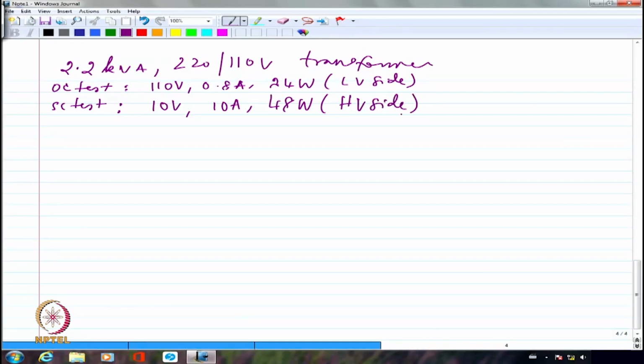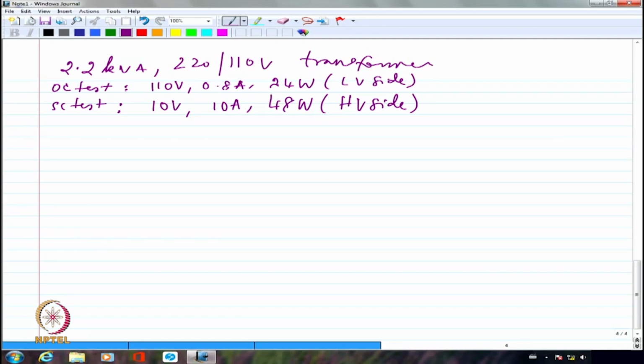So you would be able to calculate for this very clearly Rc, Xm, R1, R2 dash, X1, X2 dash. Assuming that R equivalent divided by 2 will be R1, R equivalent divided by 2 will be R2 dash also. Similarly, we will not be able to individually calculate for primary and secondary. So what we calculate as R equivalent, we will divide that by 2 and we will take that as R1 and R2 dash respectively. Got it?